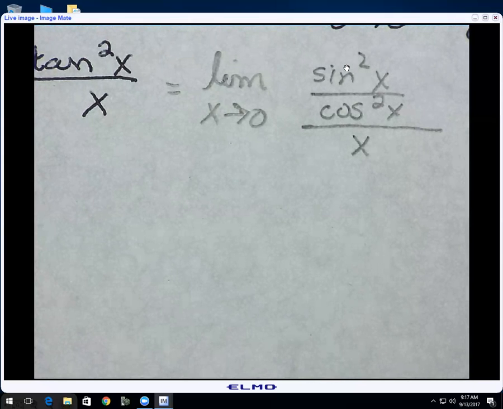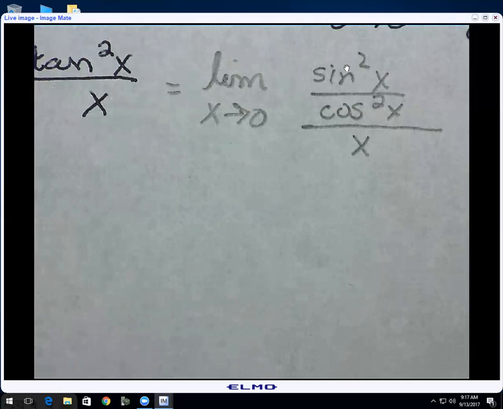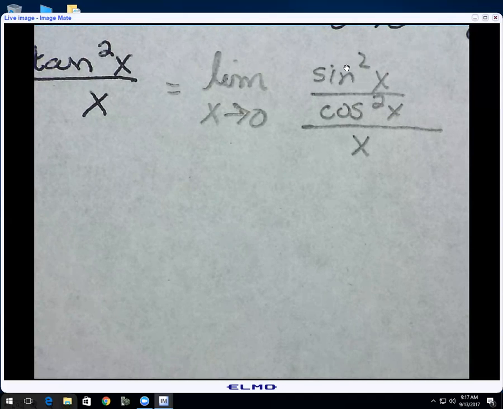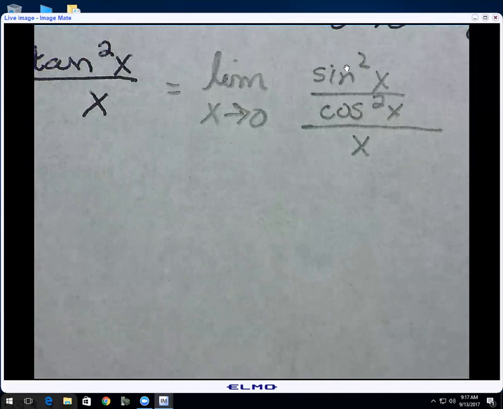There's another way we could rewrite that, leaving sine, sine, and leaving cosine, cosine. How else could I rewrite that? What's equivalent to that? That certainly works. Let's see.